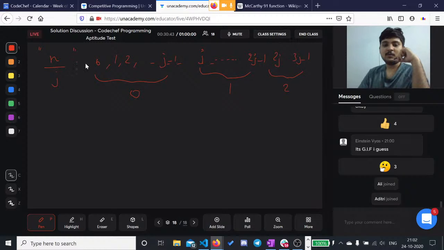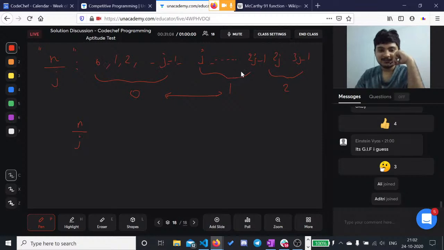Essentially I'm plotting floor of n by j for different values of n. And what I observe here is that floor of n by j increases at only multiples of j. This is kind of obvious, but I just wanted to represent it like this so that you can understand it better. So floor of n by j increases only if n is divisible by j.